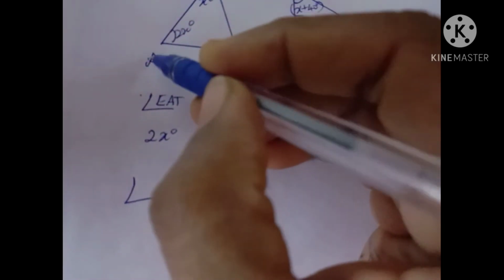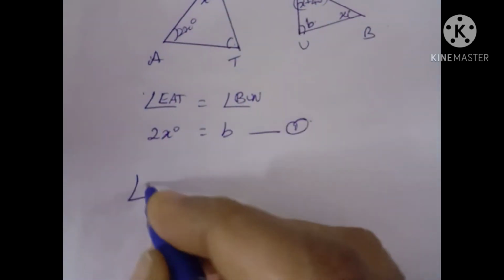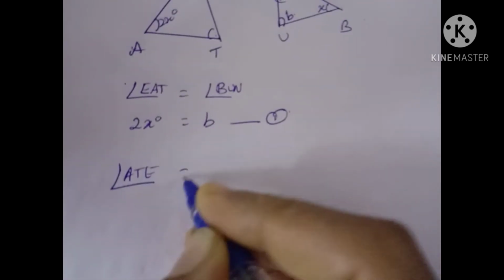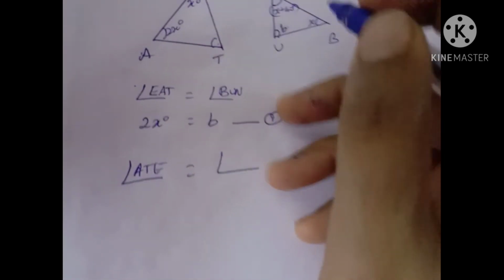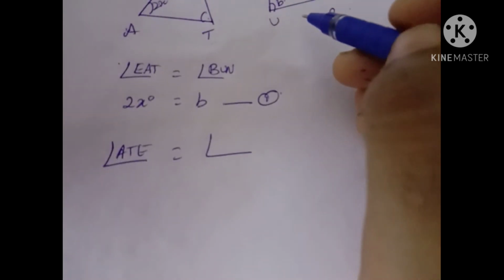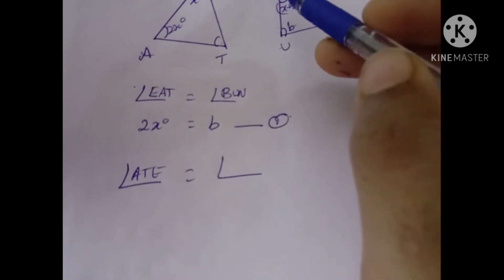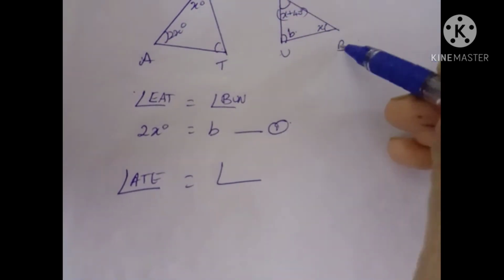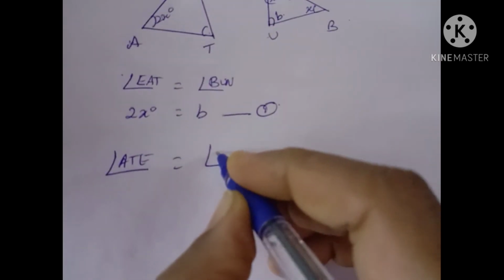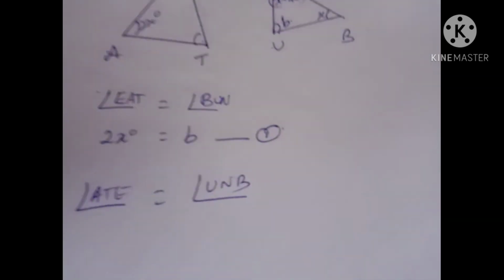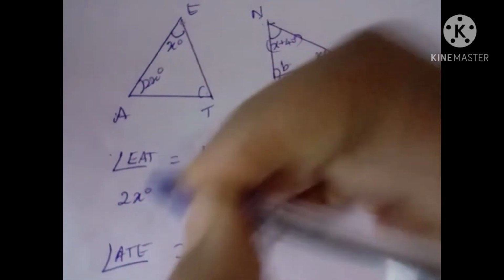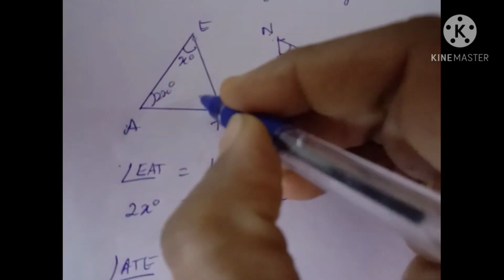And then the next angle, angle ATE is equal to angle UNB. Here in the place of T, they didn't give any value.